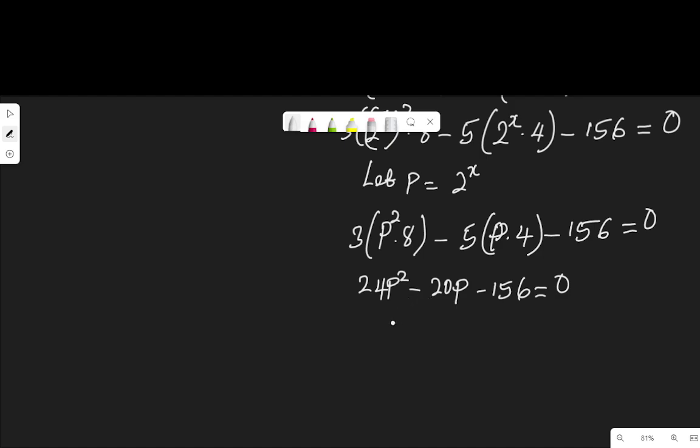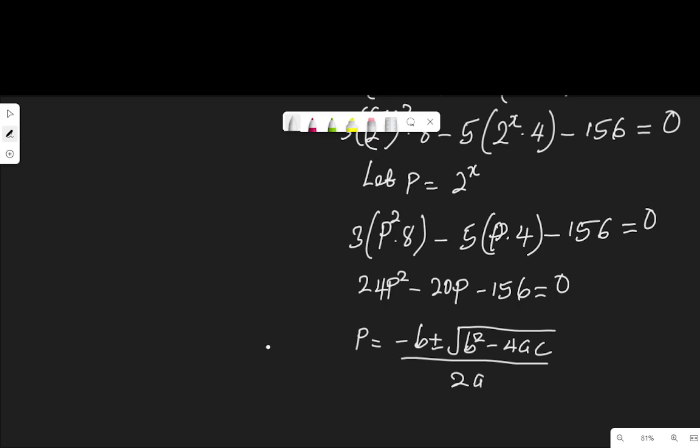Let me use the quadratic formula to make our work easier. I don't think this one is factorizable. The quadratic formula says p equals minus b plus or minus root b squared minus 4ac, all over 2a.